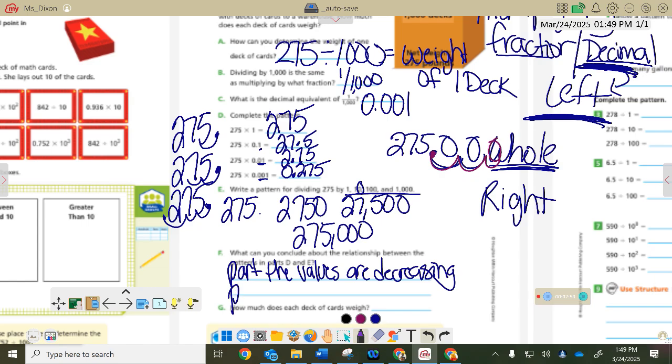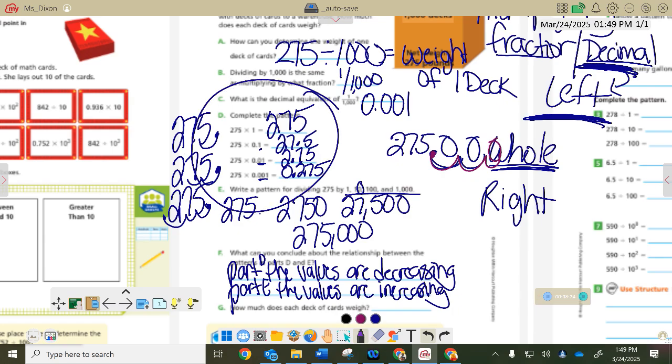In part E, when we're multiplying by whole numbers, the values are increasing. In part D, these numbers are getting smaller. We're going from 275 to 27 5/10 to 2 75/100 to 275/1,000.